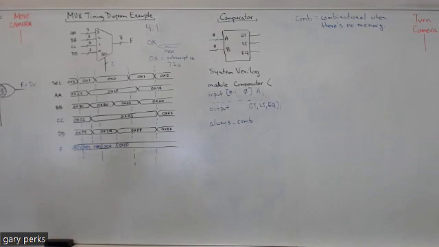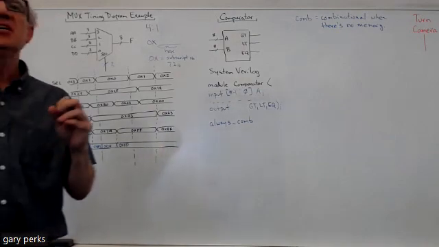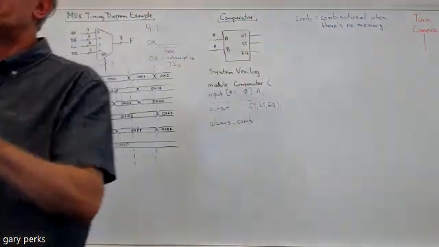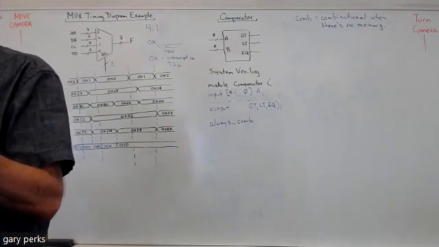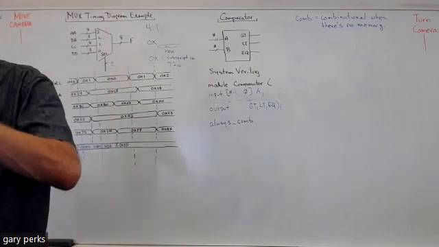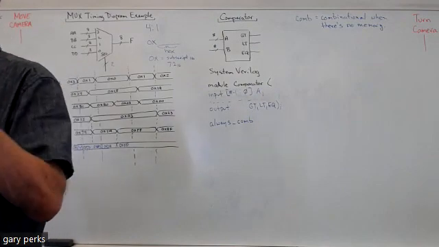Okay, they don't have memory. You're going to see in a couple of weeks, right around the time of the midterm, so right around the end of this month, that's when we're going to start talking about logic circuits that have memory. And we call those circuits sequential. Okay, so combinational, no memory; sequential logic circuits have memory.